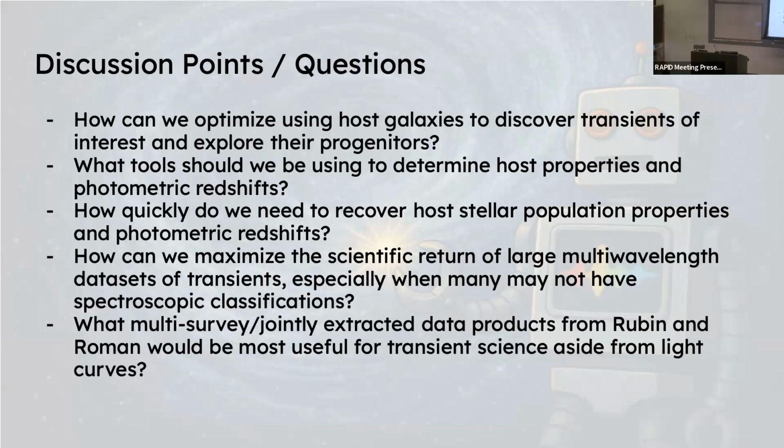I haven't played around with them too much yet. It's something we can consider, but I don't know that they work with both Rubin data and Roman data. So I think we need to consider how we want to use all of this data together. That's probably something I should look into, playing around with all these codes and seeing how well we do and which one is best optimized for the science we're trying to achieve.